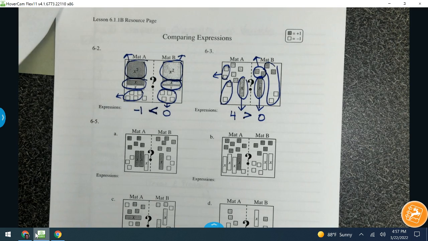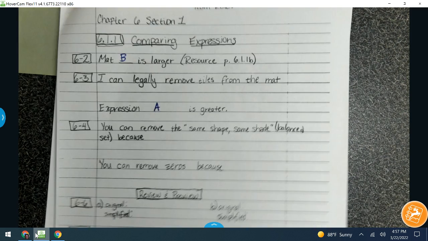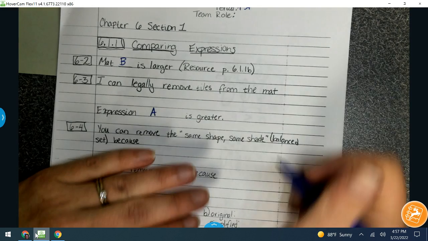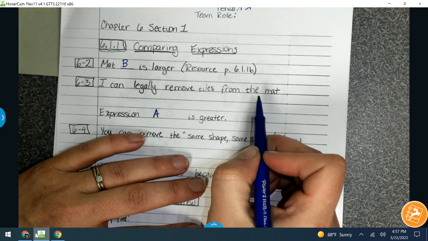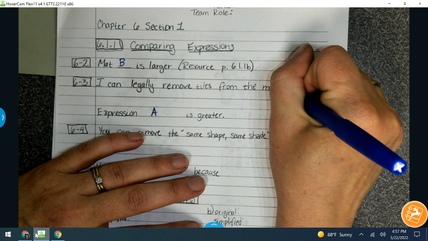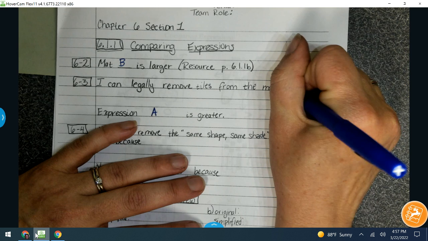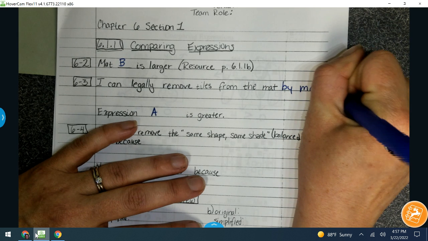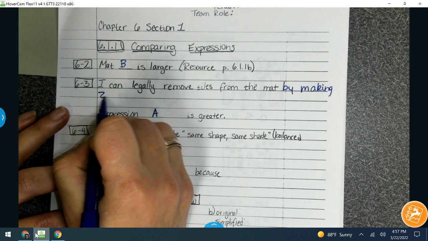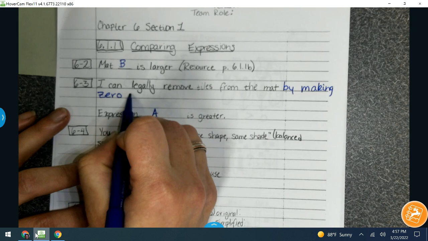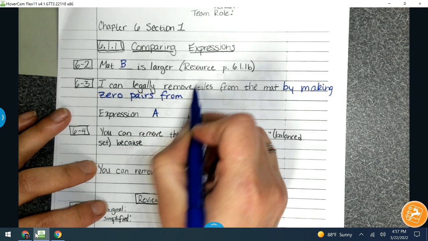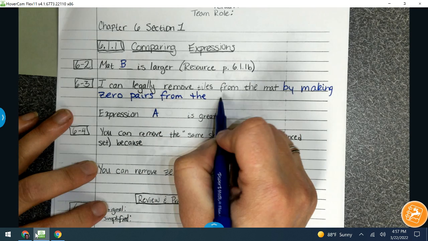So we did 2 different legal moves there. One legal move that we did first to remove tiles from the mat was making zero pairs. And you can only do those on the same side.